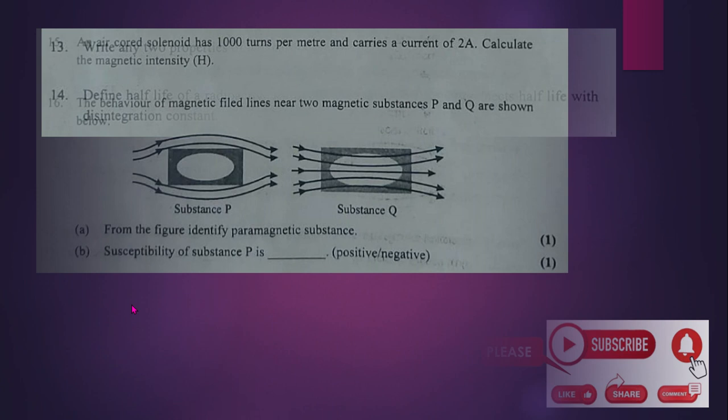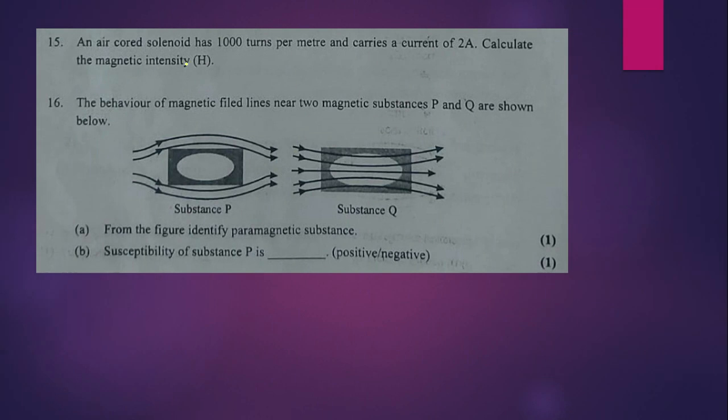So we can move to the question number 15. An air-cooled solenoid has 1000 turns per meter and carries a current of 2 ampere. Calculate the magnetic intensity. So we know for a solenoid, if n is the number of turns per unit length and I is the current flowing, we know the concept as B is equal to mu 0 times n I. So that is the magnetic field at any point well inside.